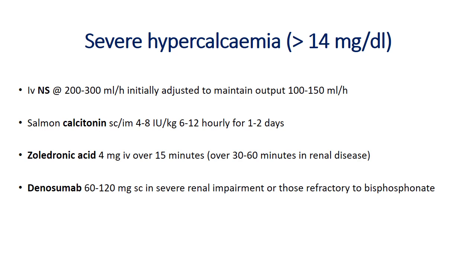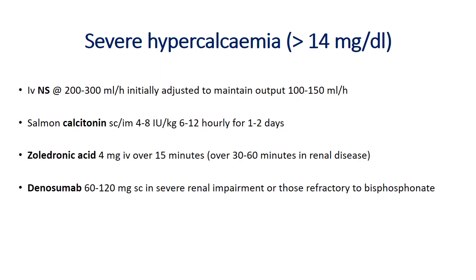In individuals with severe renal impairment, where your estimated GFR is less than 15 or in some cases even less than 30, the use of zoledronic acid is contraindicated, and in these cases you can use denosumab in a dose of up to 120 milligrams subcutaneously. It can also be used in patients who have been given a bisphosphonate but who are refractory to the action of bisphosphonate.